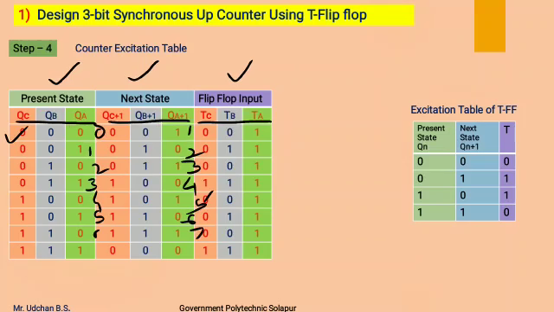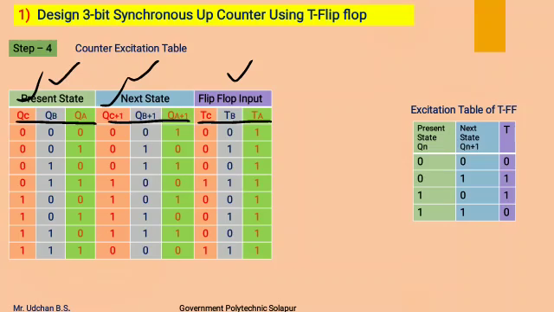And the last one is present state 111, which is the maximum count, so its next state will be 0, meaning after this the operation goes on repeating from the initial state. So using this present state and next state, we can write the T inputs of the flip-flops. So we have to decide the T inputs. Now if we start with the QC and QC plus 1 column.